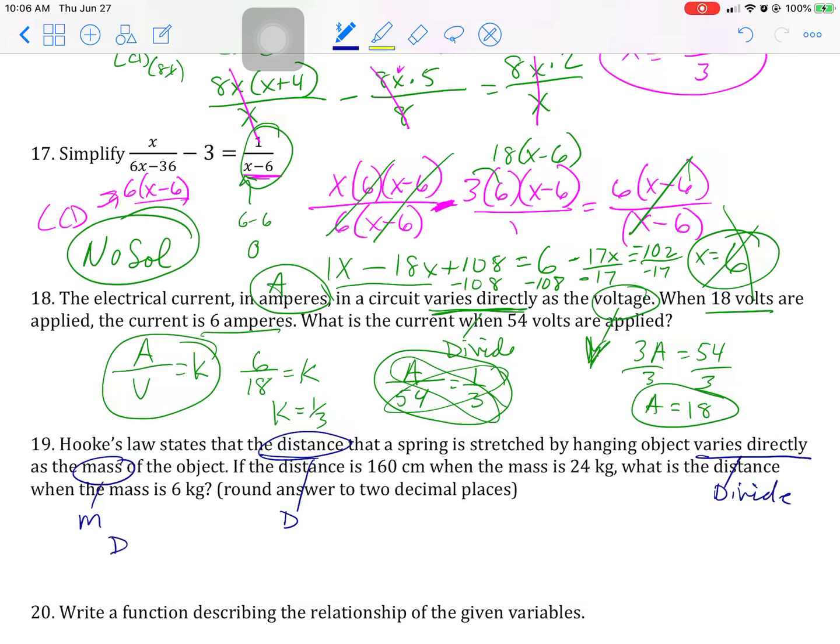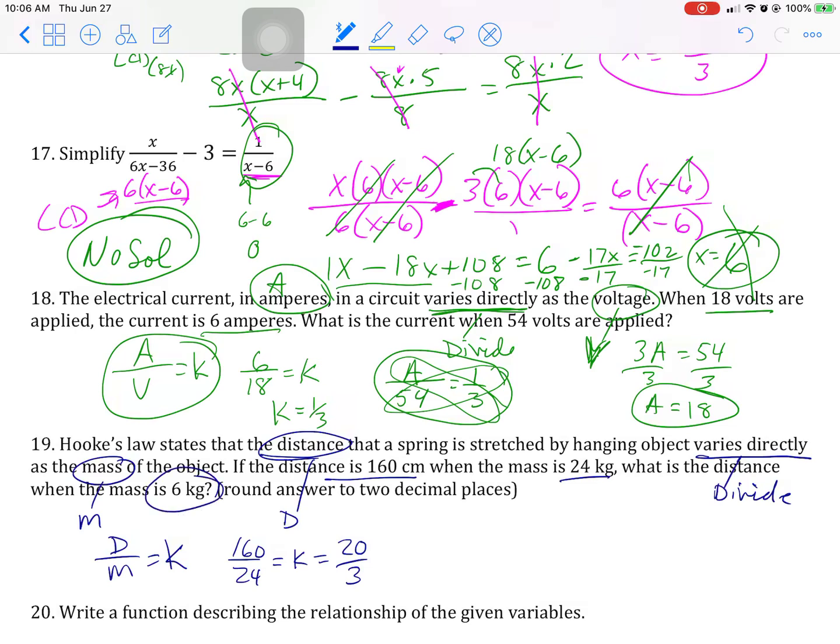The first thing was the distance. The second thing was a mass. And since it varies directly, they're divided to equal k. All right, let's see. The distance is 160. The mass is 24. That equals k. 160 over 24 reduces to 20 over 3.